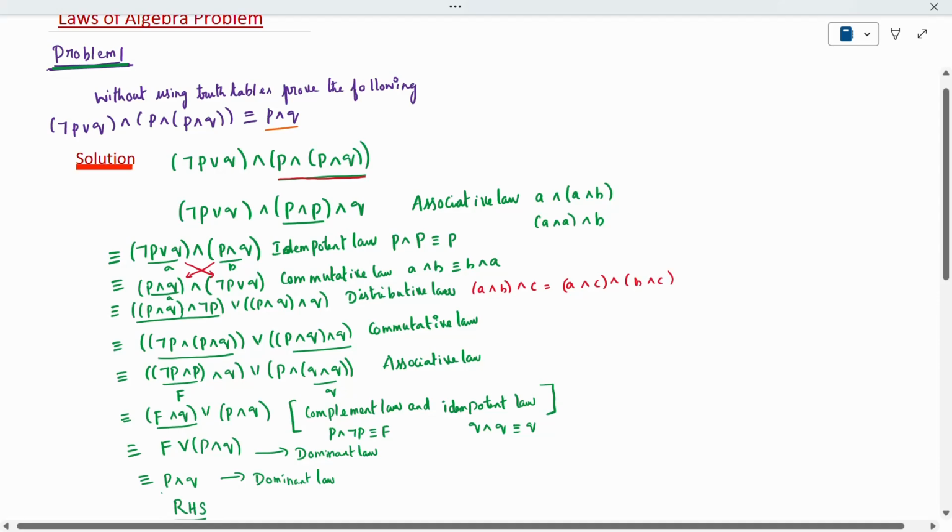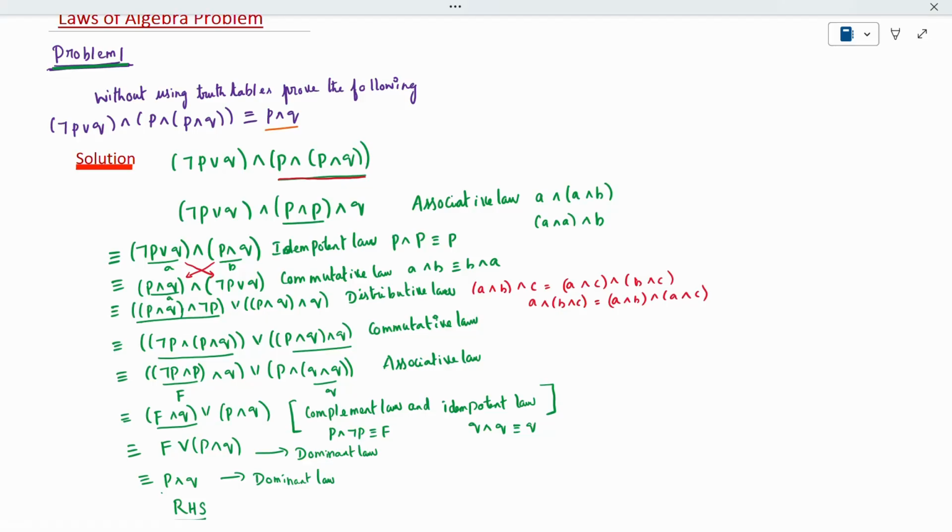One more way I can write it like this also. Anyway, you can use any one. Which way to apply, it is called the distributive law.